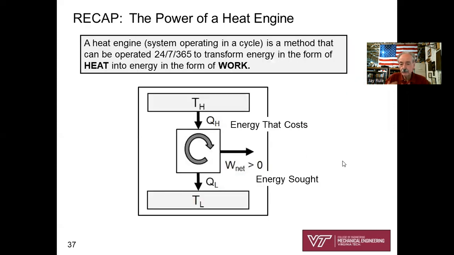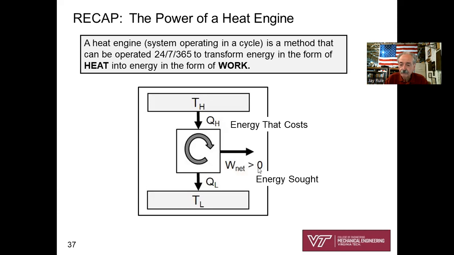Okay, so let's recap the power of a heat engine. A heat engine is a system operating in a cycle. It is a method that can be operated 24/7, 365, continuously, to transform energy in the form of heat into energy in the form of work.